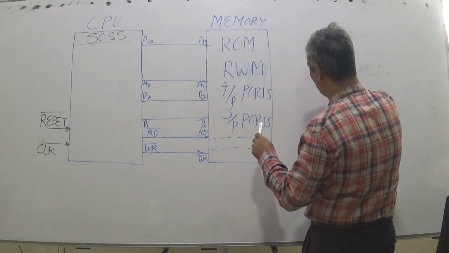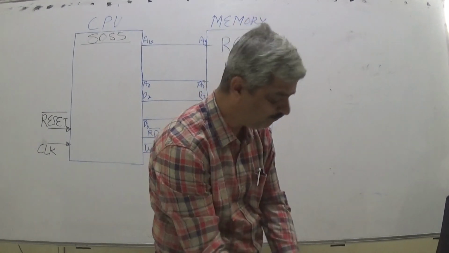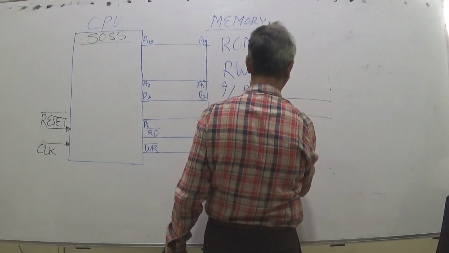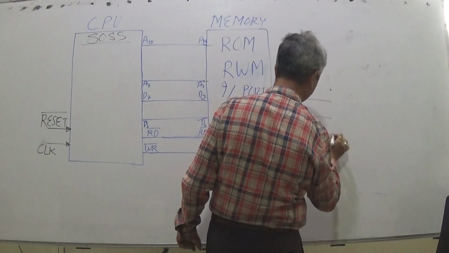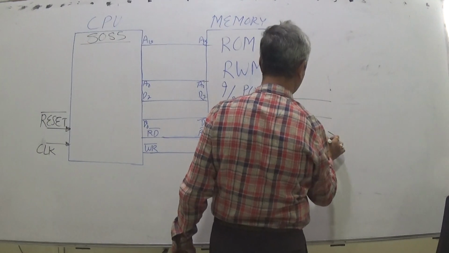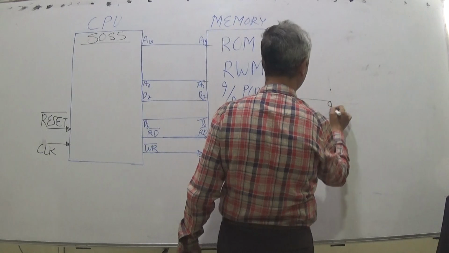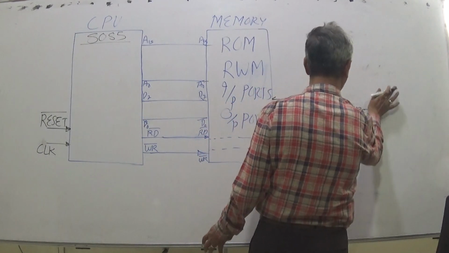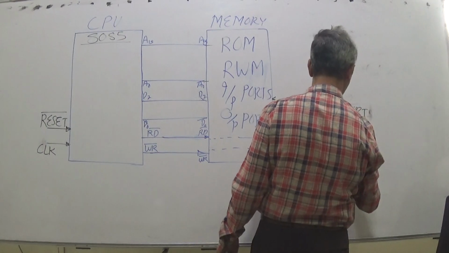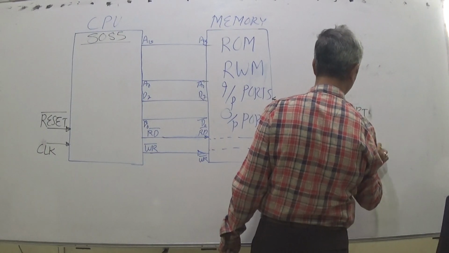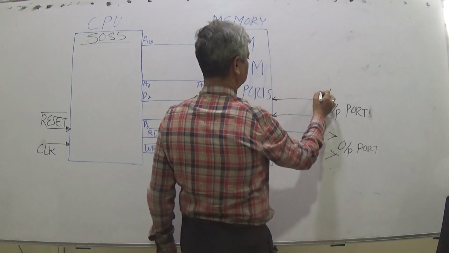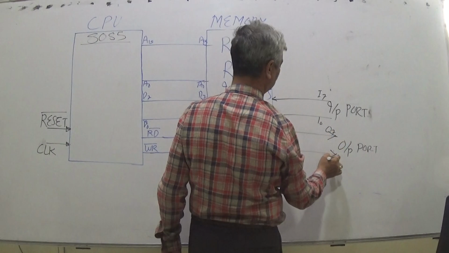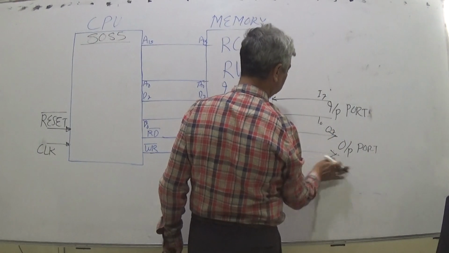There are a few input ports to the microprocessor and a few output lines coming from the microprocessor. One input port is sufficient for many applications, and an output port. So this is I7 to I0, O7 to O0.